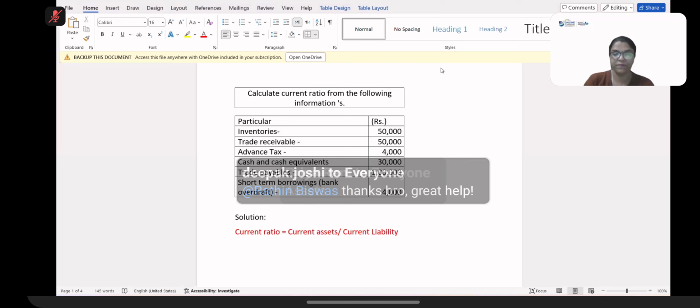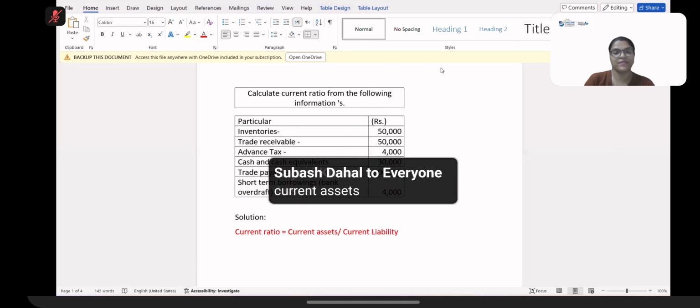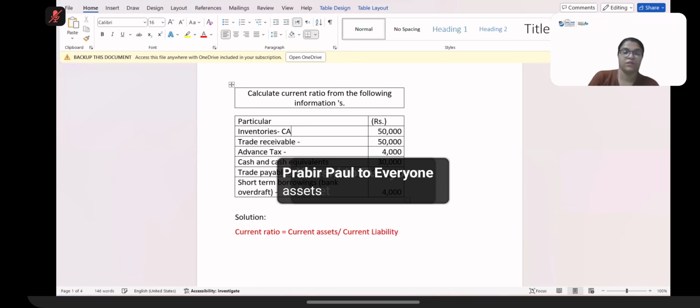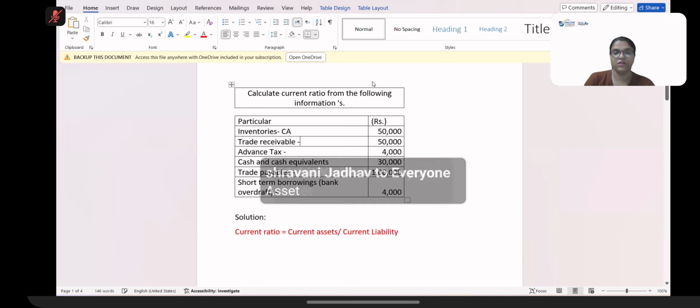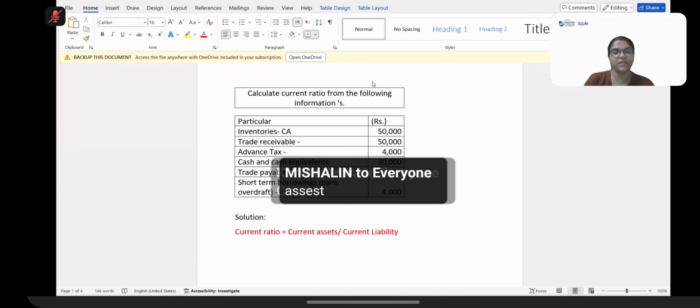Very good. Super. It's current asset. Trade receivable, current asset or current liability? Super. Again, that's a current asset.